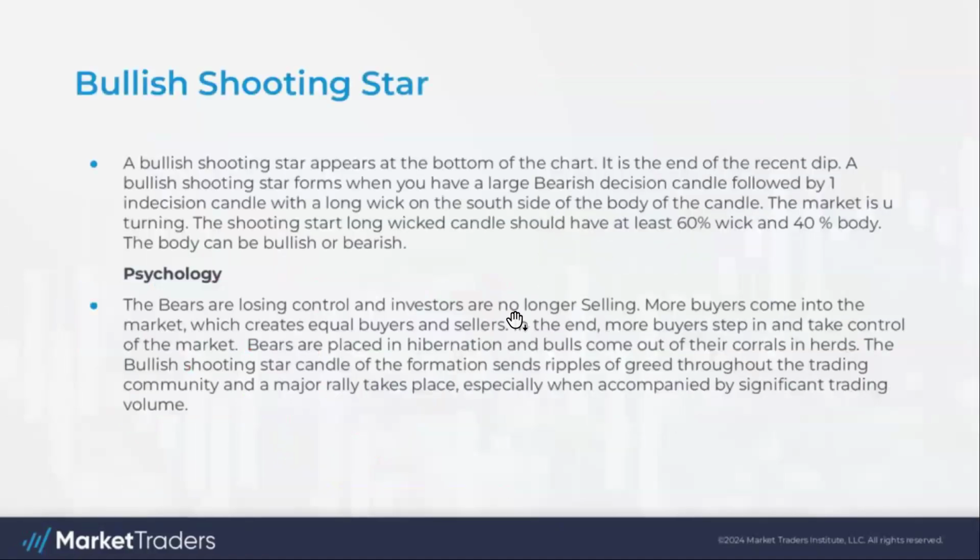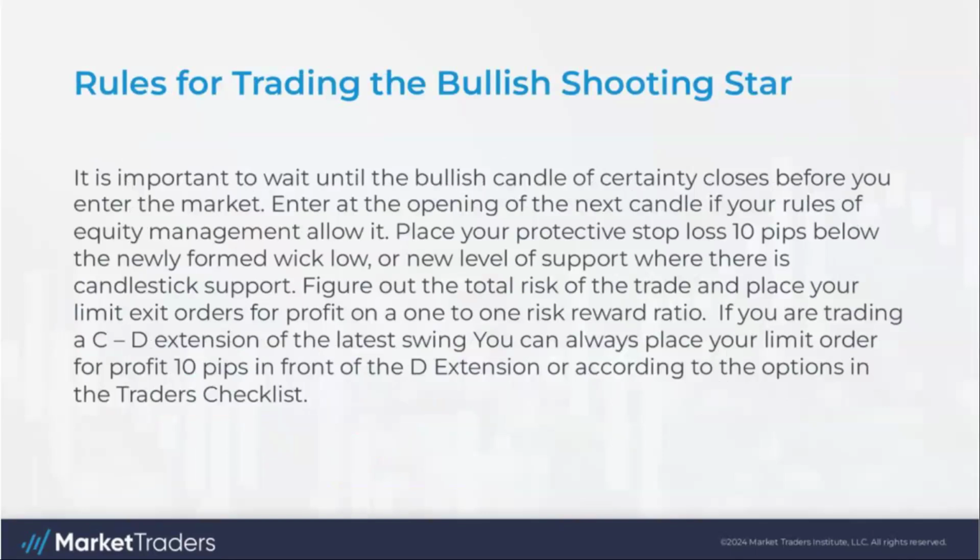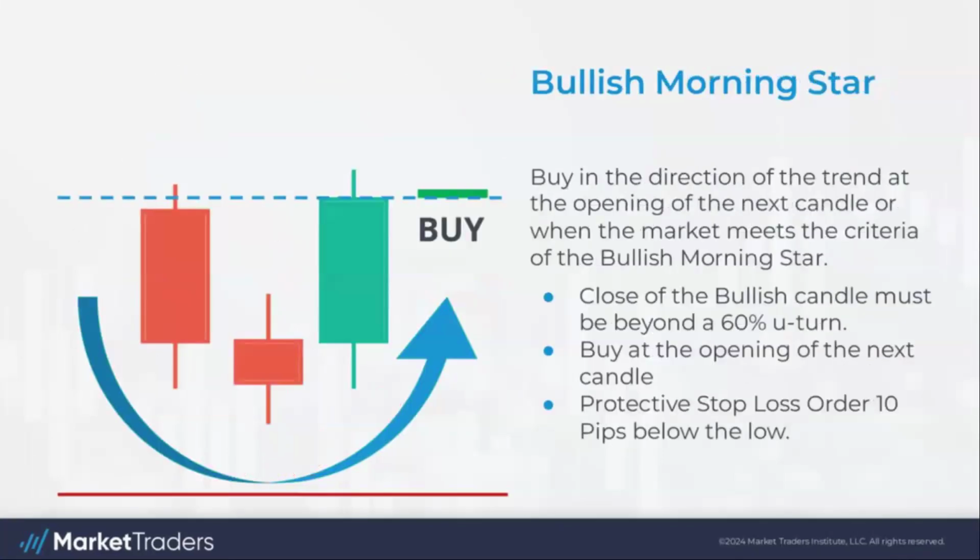And then the next one is the bullish morning star. For the morning star, just like I explained for the evening star, you have a bearish candlestick coming down. This bearish candlestick is a decision candlestick. Then followed by an indecision, boom. That's a bullish morning star. That's what you are seeing here.